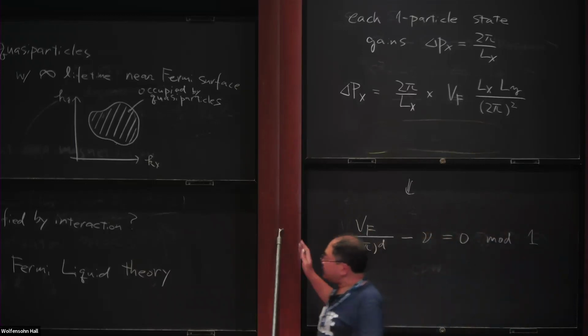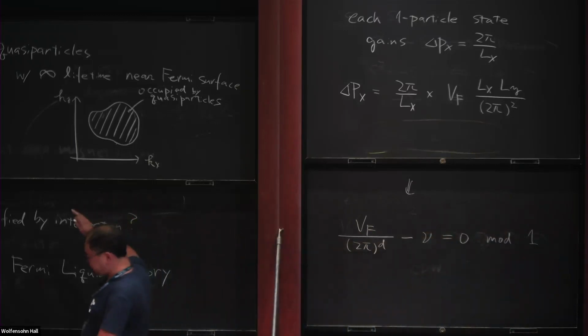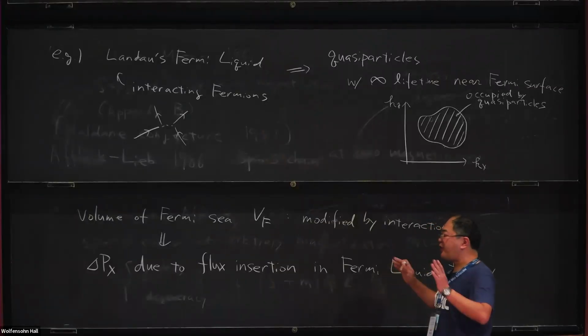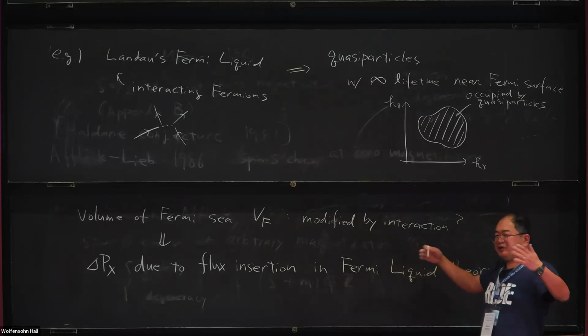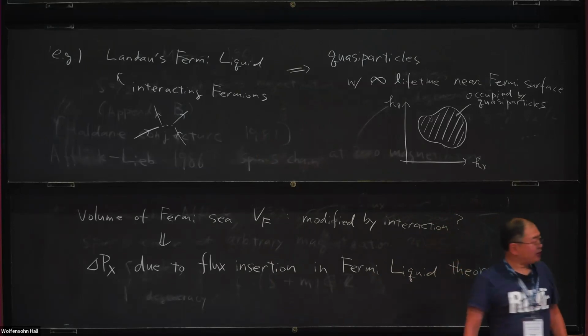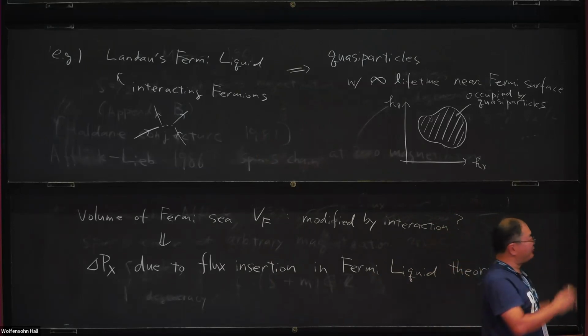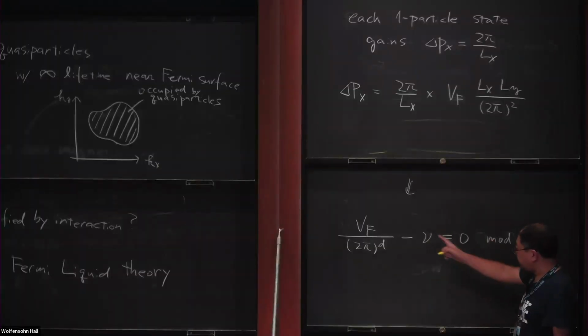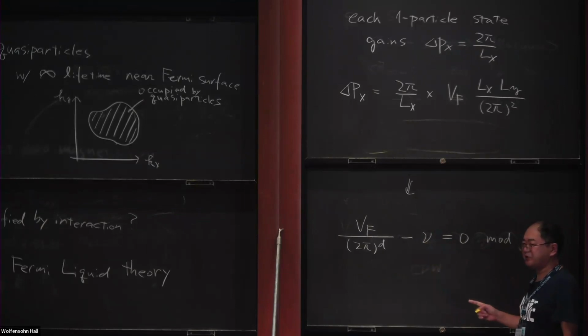But once you assume that the low energy effective theory is given by Landau's Fermi liquid, and if there is no other low energy degree of freedom left, then all the momentum change should be produced by this shift of the Fermi sea. So this relation must hold. And this implies that the volume of the Fermi sea is not renormalized by interaction.